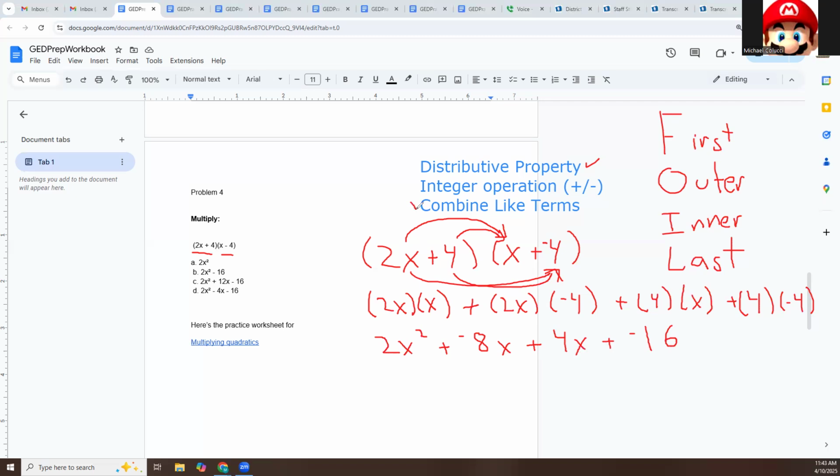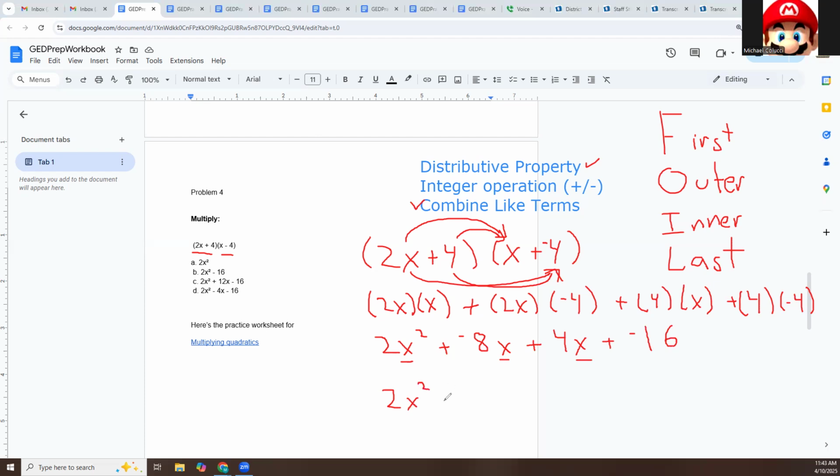Okay, so at this point, we're going to combine some like terms. Remember, we can combine terms in a situation like this when the variable unit, that's everything that comes after the number coefficient, are exactly the same. So I can't add anything to 2x squared because there's only one 2x squared. So I'm left with this all by itself.